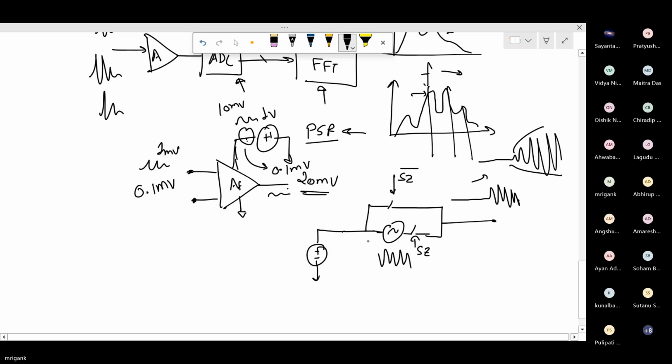So one way to do that, maybe, is you have a common source amplifier, and then you apply the AC signal along with the DC. The DC can be applied using a large resistor, and this DC will be ramping. So then you can apply a ramping DC over here, that means the DC will gradually go up.